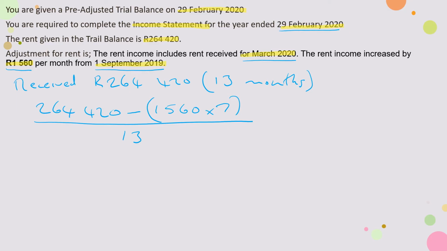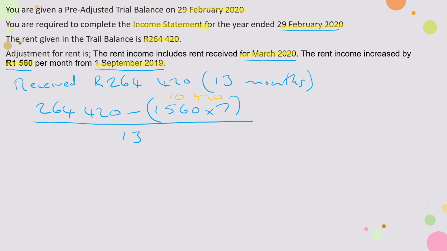So if we calculate this, 1,560 times 7 gives you 10,920.